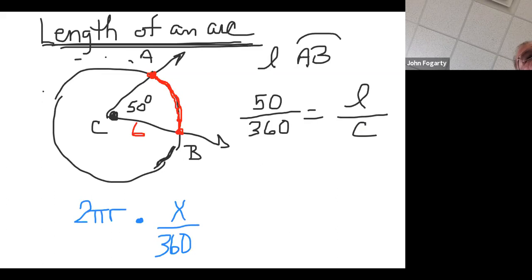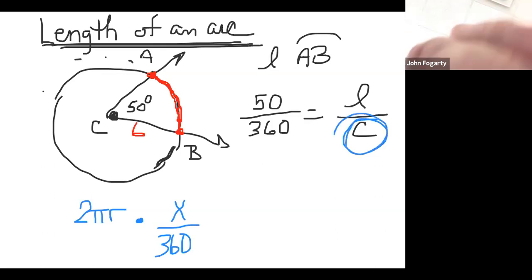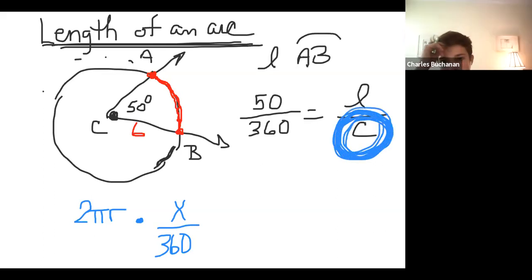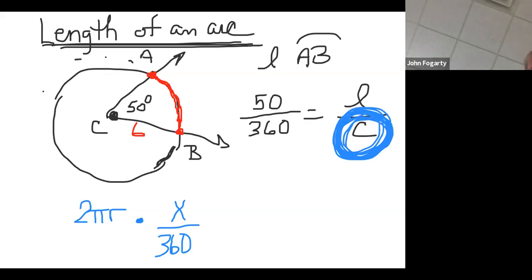Okay? Now, why 2 pi r? That's the circumference. Yeah, that's the circumference.